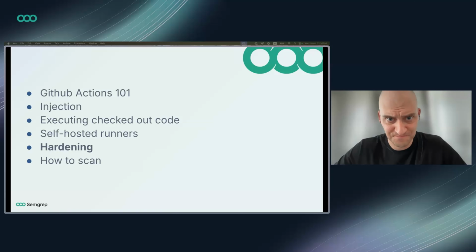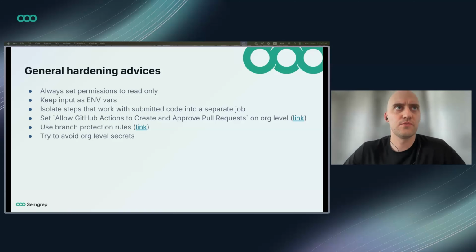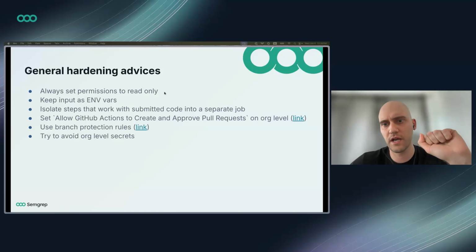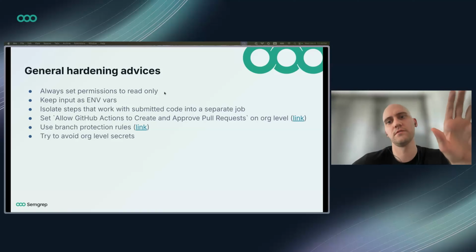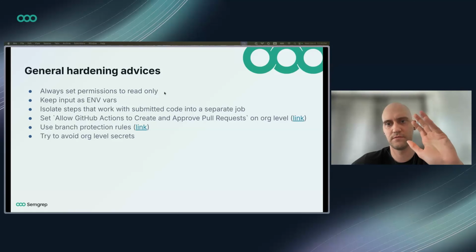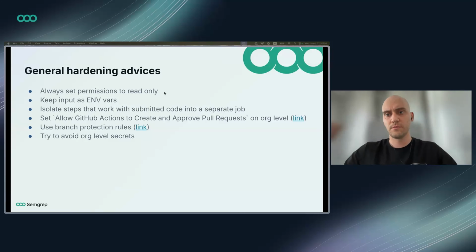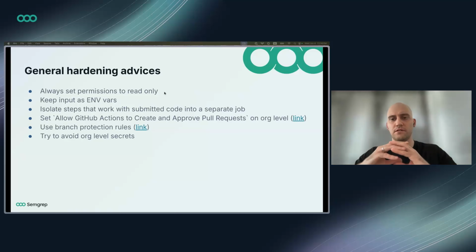I'm switching to another part: some hardening advice. We talked about this today. I would advise to always set permissions to read-only everywhere, and then graduate to a specific permission when needed. Like if you need to write to a pull request, have pull request write, depending on the activity that you do, but always try to set the permissions to read-only.